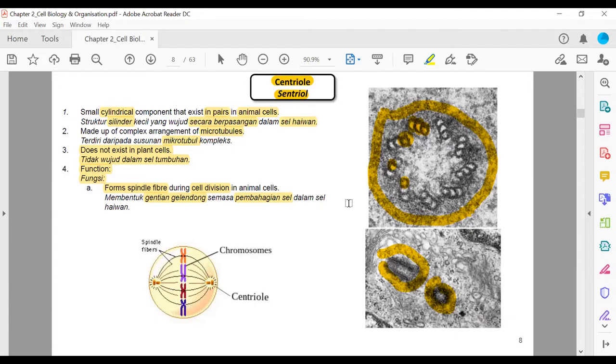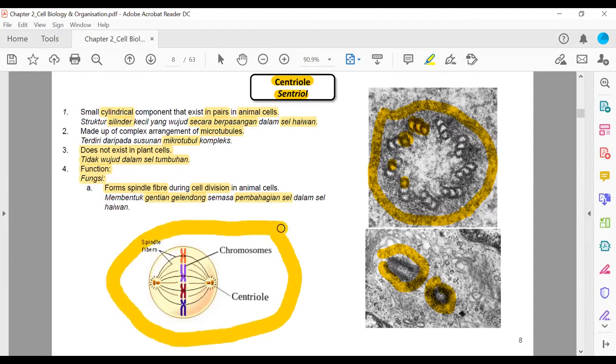So you can see a picture down here. Gambar ini menunjukkan sel ini sedang melakukan cell division, sedang melakukan pembahagian sel, dan garisan-garisan ini dipanggil sebagai spindle fiber. You can see spindle fiber over here.